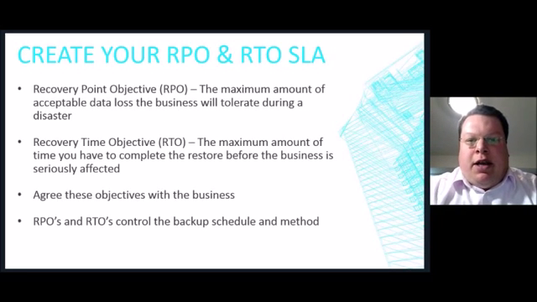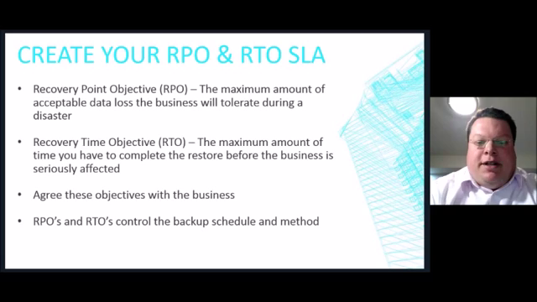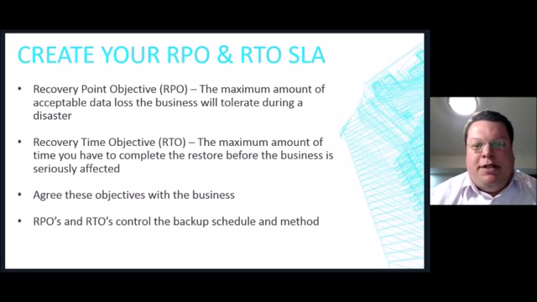So if you've been working with backup applications in the past, you'd have noticed a couple of acronyms, RPO and RTO. The recovery point objective, which is RPO, basically means the amount of data loss the business can accept before it becomes impacting on either commercial or operational functions.